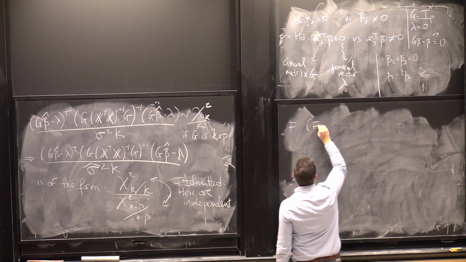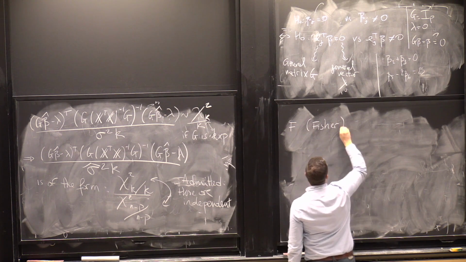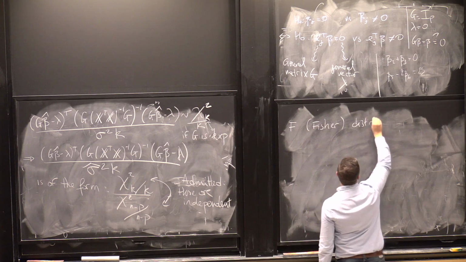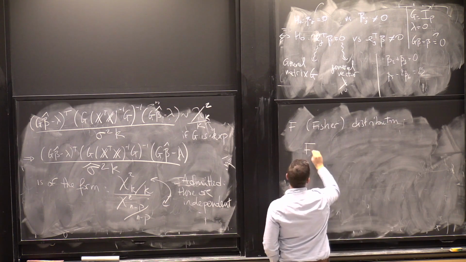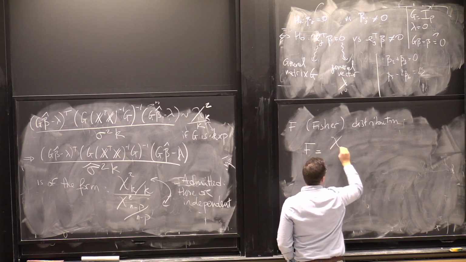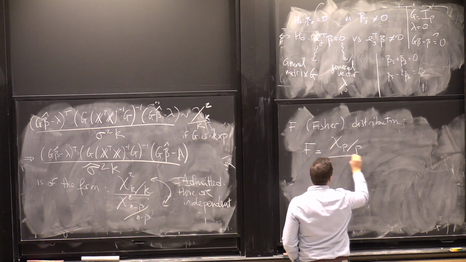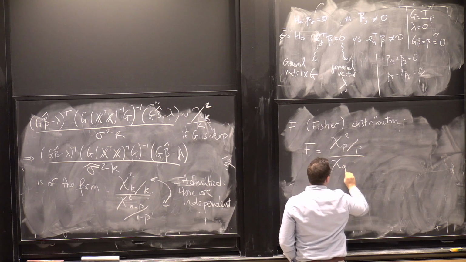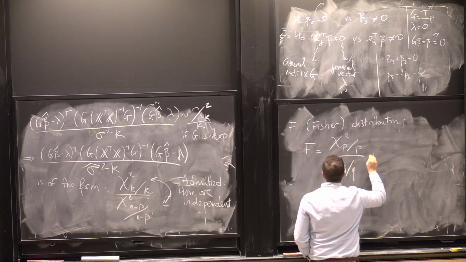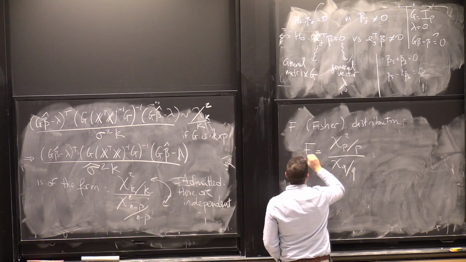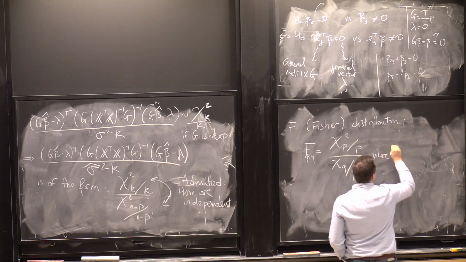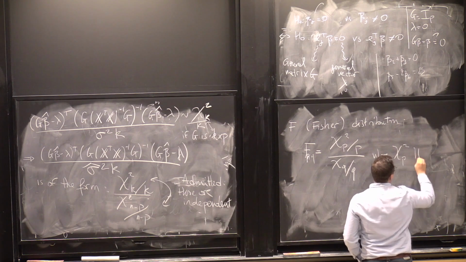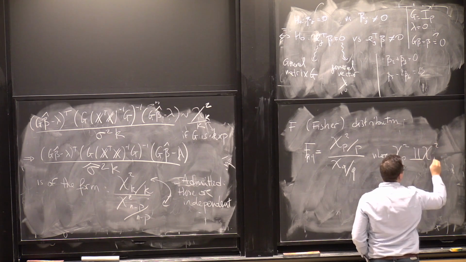F or Fisher distribution. So F is equal to the ratio of a chi-square p over p and a chi-square q over q. So that's F_{p,q}, where the two chi-squares are independent.